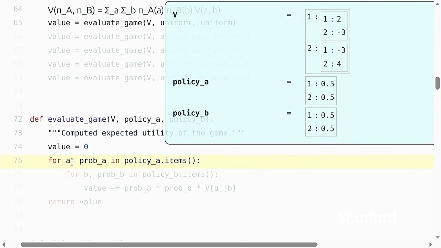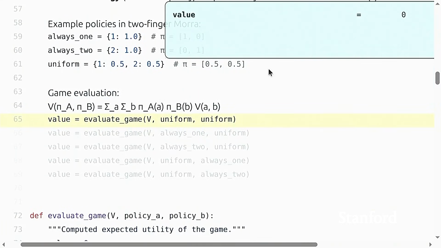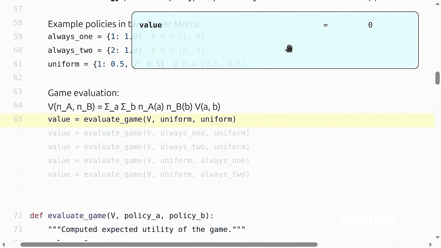For every possible action A with probability A, for every action B with probability B, I'm just going to sum up the values: probability A times probability B times the corresponding entry in the payoff matrix. Okay, so if I do that, then I get a value of 0. And this sort of makes sense. If I take the average over all these 4 values, I should get 0. So everyone's playing uniformly, and the value of this is 0.